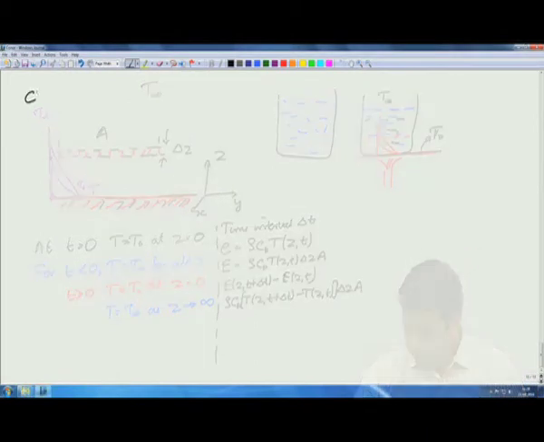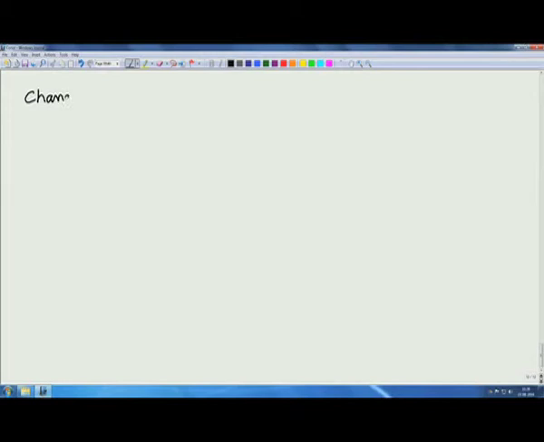So the change in energy in time delta t is equal to energy in minus energy out plus any accumulation.